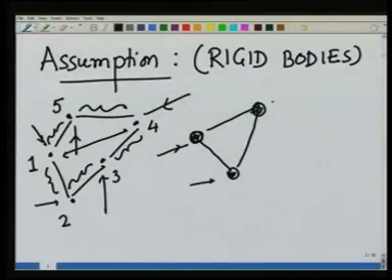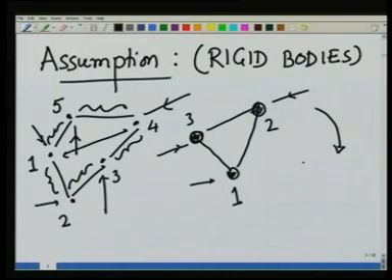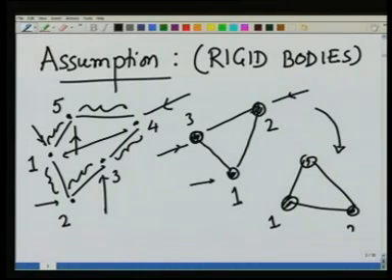You can feel right away when I apply a force, it is not going to deform. The only thing this body can do is change its orientation. So for example, 1, 2 and 3 could go to a different shape like this, different orientation like this, and this is known as a rigid body.